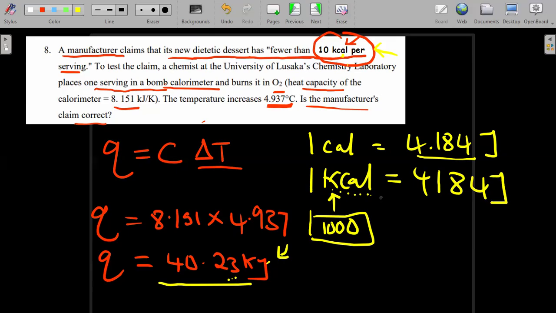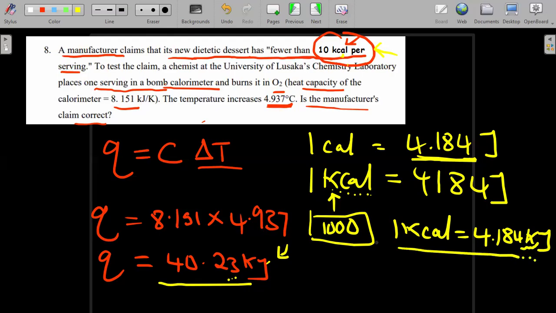Or we can write it in terms of the thousand, so that the 1,000 is not shown: 1 kilocalorie is equal to 4.184 kilojoules. We know this K represents 1,000. So we're going to use this conversion factor to convert this 40.23 kilojoules to kilocalories.